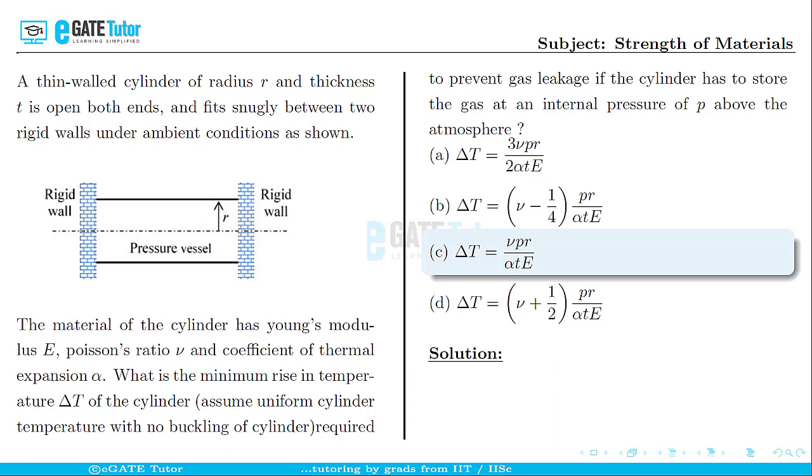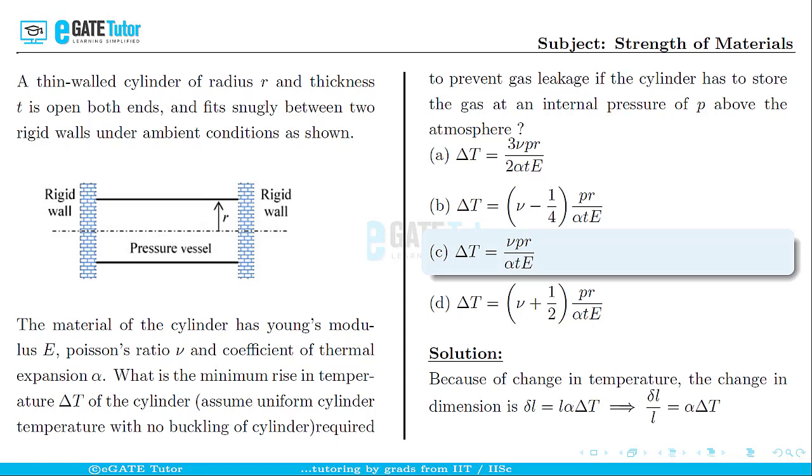Since the pressure vessel is subjected to a minimum rise in temperature where the change in temperature is delta T, as a consequence of this, there will be a change in dimension. This change in dimension is delta L is equal to L alpha delta T, where L is the length of the pressure vessel, alpha is the coefficient of thermal expansion, and delta T is the rise in temperature.